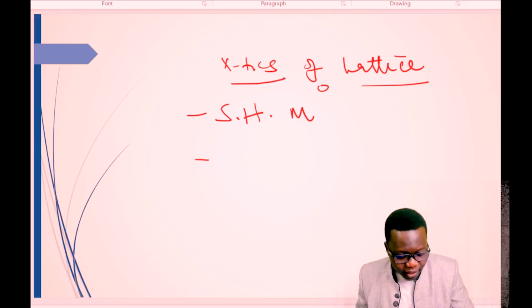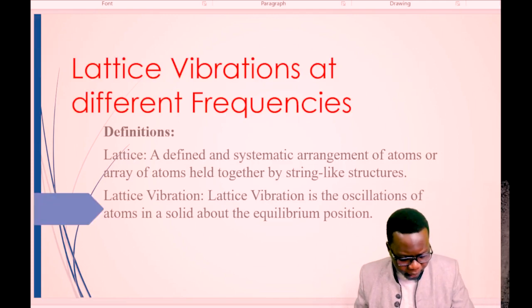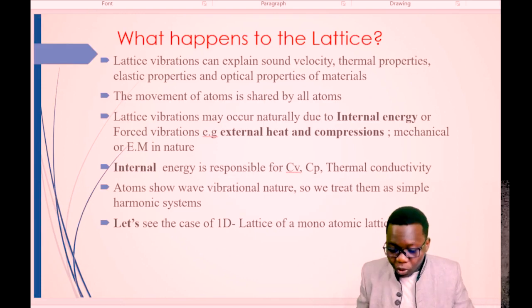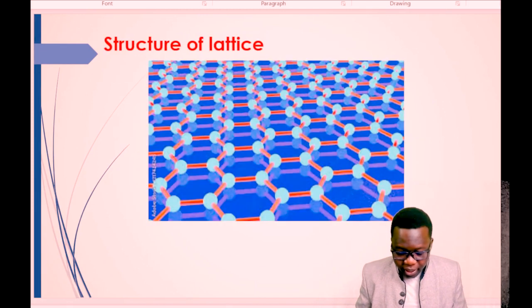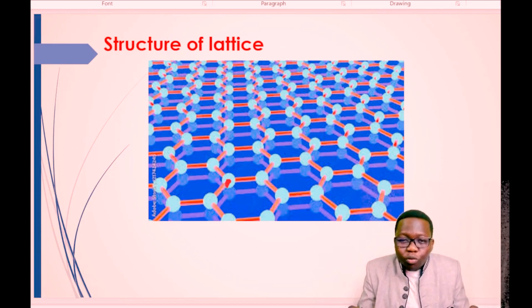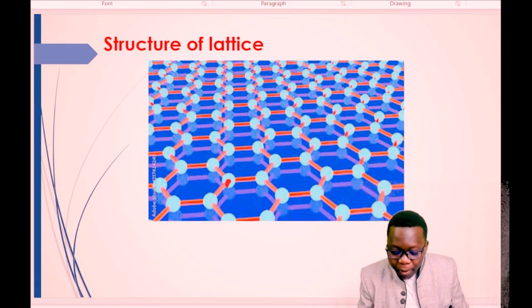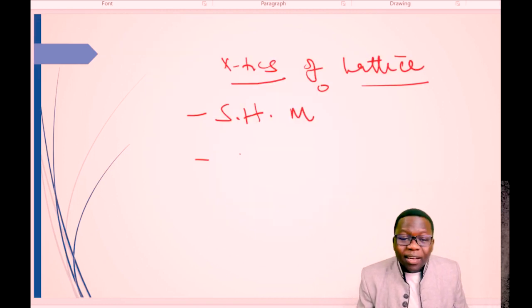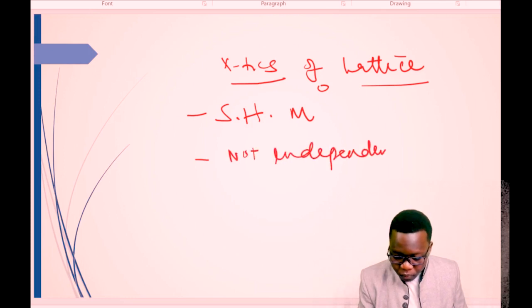And then the other thing: we also say the movement of atoms is shared by all atoms. Look at this closely. If I have this atom here and it starts to move, it does not move alone. It's going to move based on the influence of other atoms. So they all move, not independent of each other.